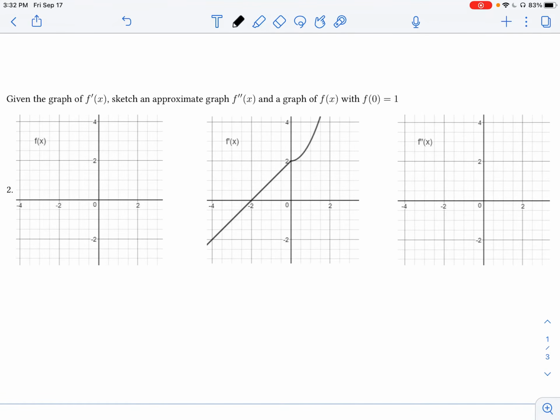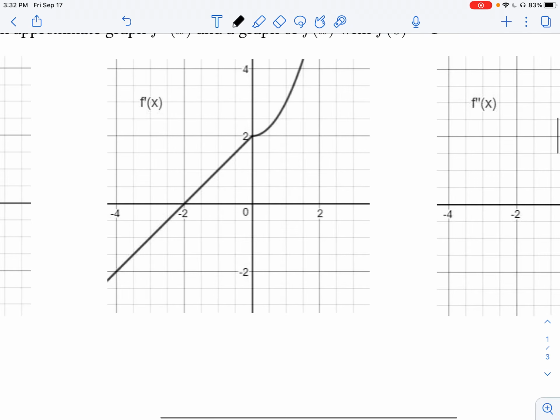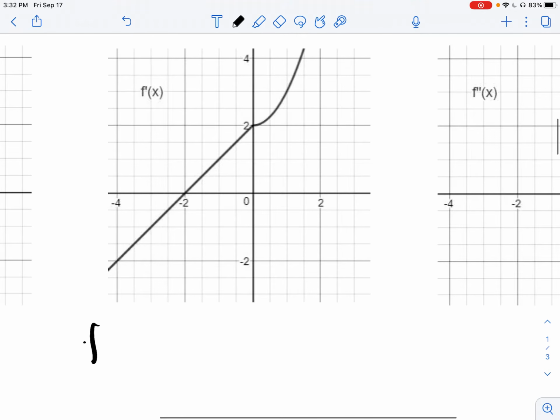Let's look closely at this f prime of x graph real quick. This is the graph of the derivative. Let's make sure we understand what's going on, and it might be helpful to draw our f prime number line underneath as we go along. Okay, let me redraw that line. Looking at this, what do we notice? We notice that our derivative crosses its x-axis at -2.